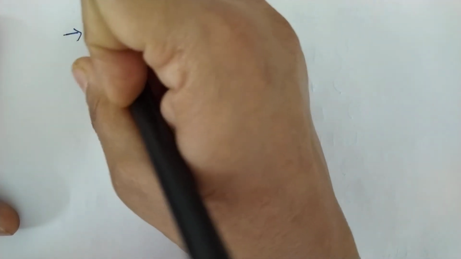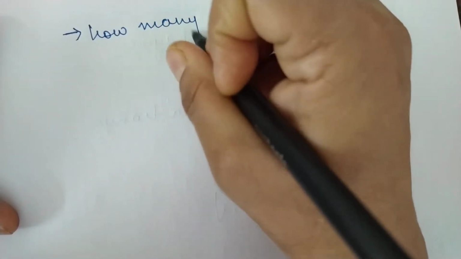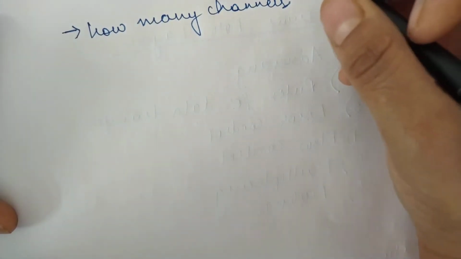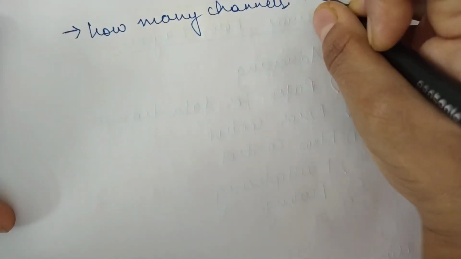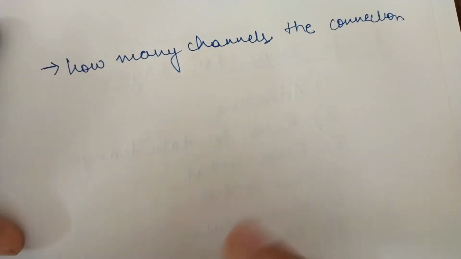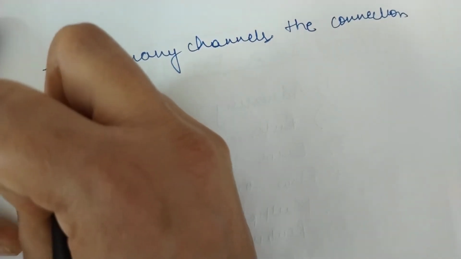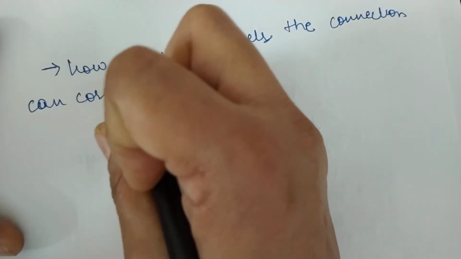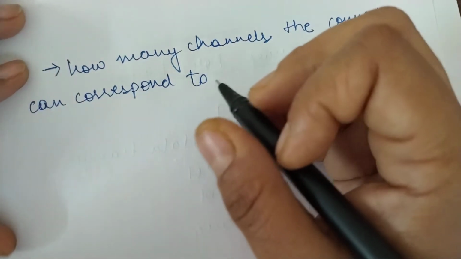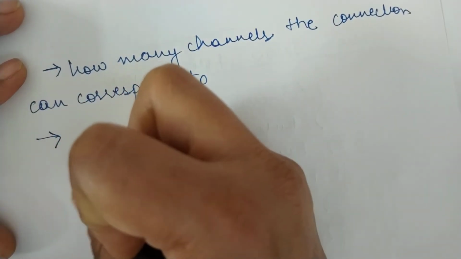This particular design issue, setting the rules for data transfer, is concerned with determining how many logical channels the connection can correspond to at any given point of time, and also what are their priorities.